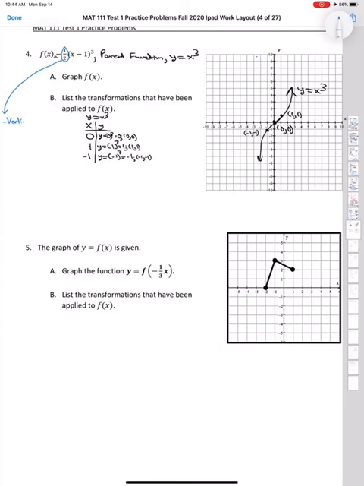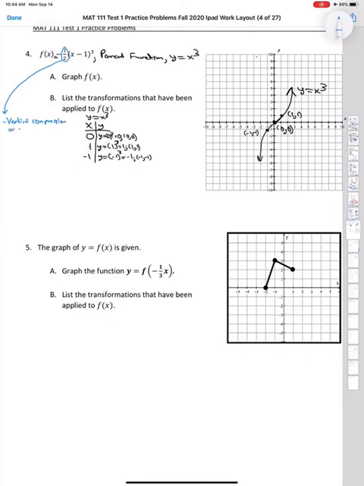So a vertical, so we're multiplying our function by a constant. So we've mentioned that before, we multiply by a constant. Now, with that said, we're multiplying our function by a number less than 1. So this is a vertical compression, right?